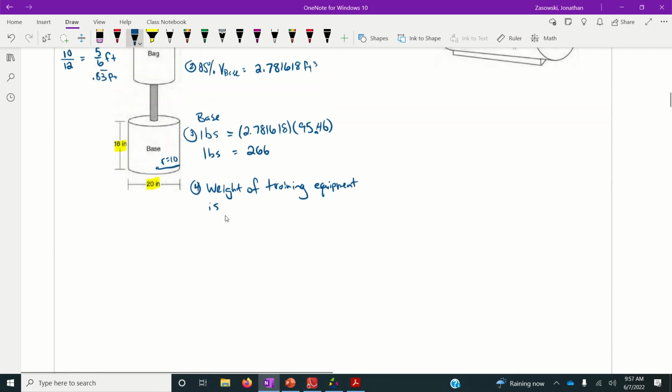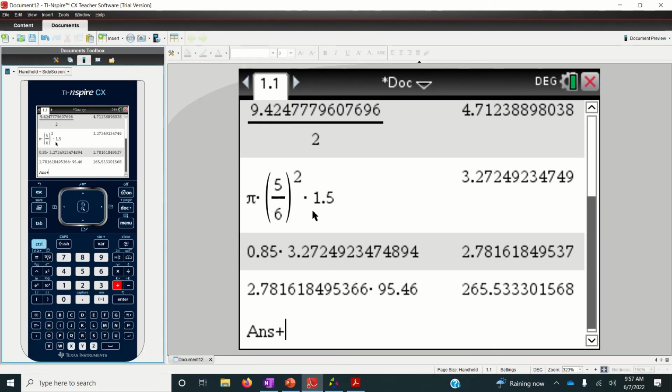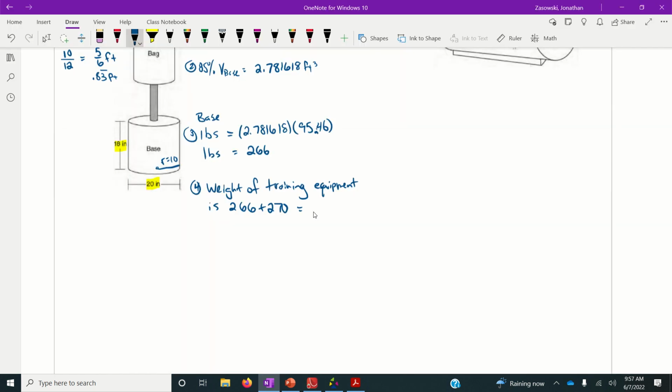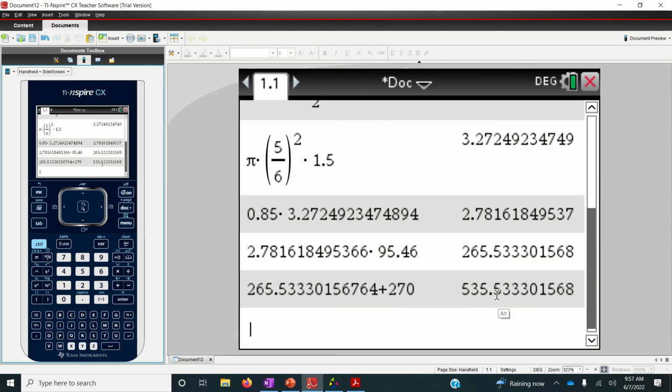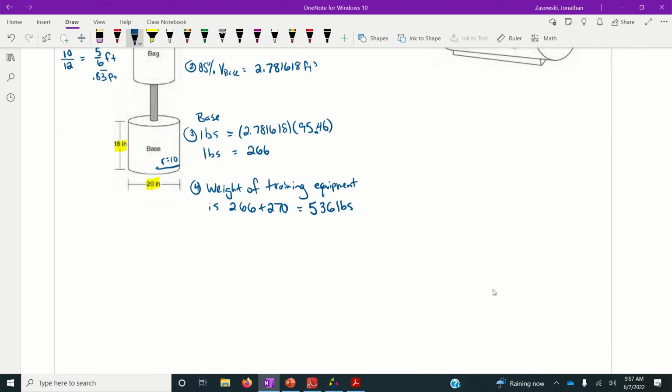I don't know why I keep doing that. Sorry about that. So it's 266 plus 270, all right? So just add 270 to that amount and round it is 536 pounds. All right, 535.5, so round up to 536. All right, that's it for today's question.